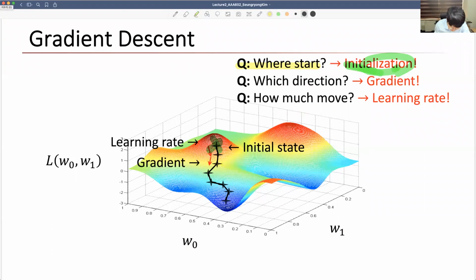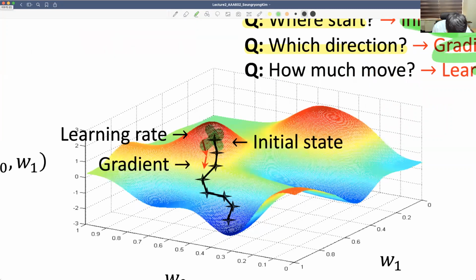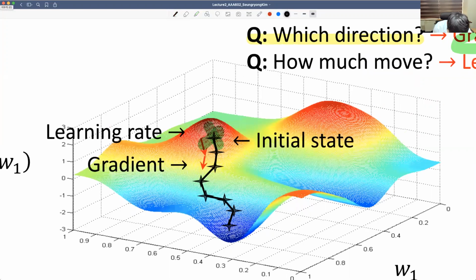Then which direction is related to the gradient? Precisely speaking, the negative gradient, right? Negative gradient direction. As you can see here, this is our path, and we can follow this path according to the negative gradient direction.